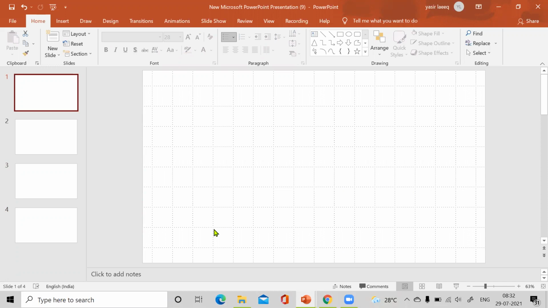Okay. Bismillah. We are discussing square and square root. You all know that.